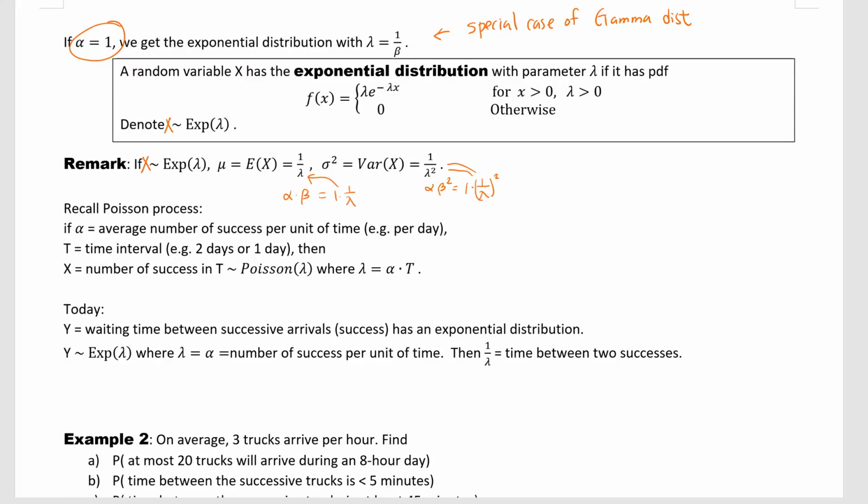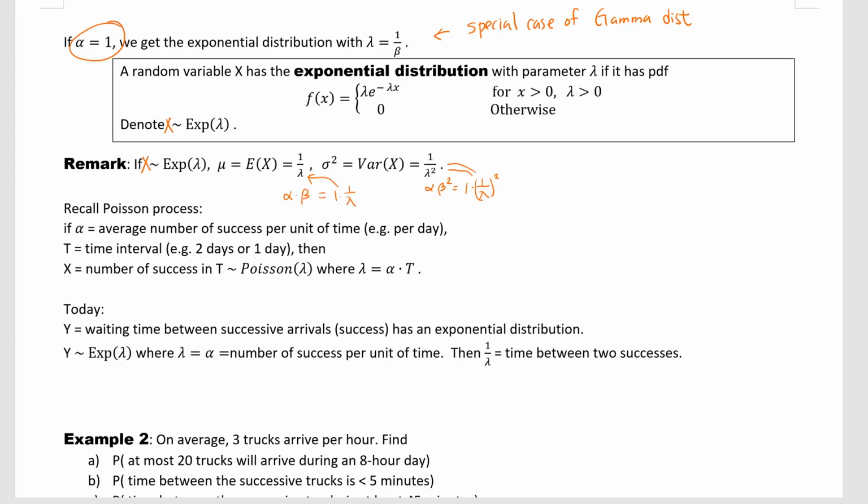The unit of time could be per day, per hour, or per minute. We let t be the time interval, it could be 2 days or 1 day, etc., and let x be the number of successes in this time interval. Then x has the Poisson distribution with lambda equals alpha times t.